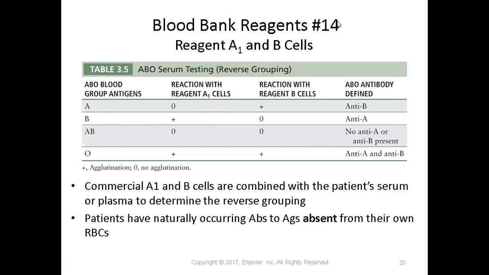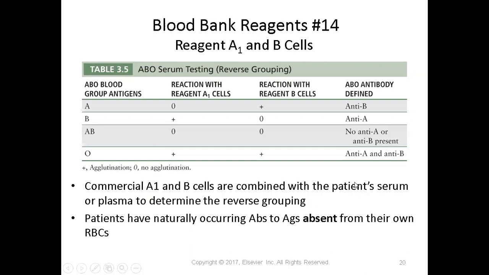Here we have table 3.5, which is showing reverse typing results based on our person's phenotype, or the antigens that they have. But before we do that, let's talk about how this testing is done. We would have a separate tube for A1 cells and B cells.